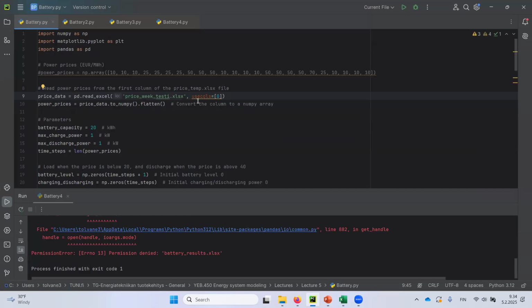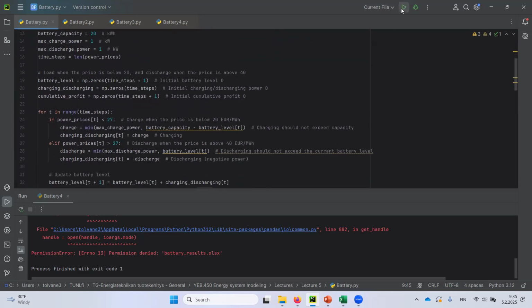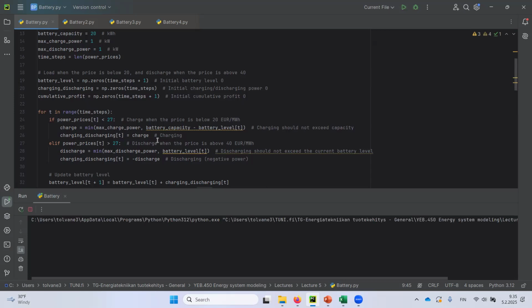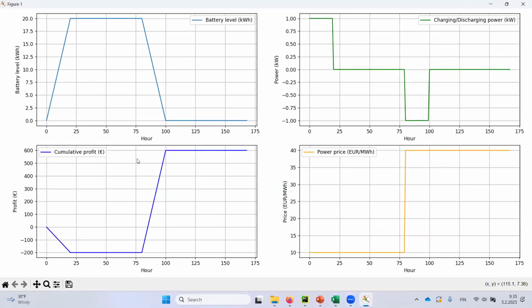So if I put the threshold in here, the threshold is going to be 27 for both charge and discharge. Let's see if it works. Yeah, that's for 1 week. As you can see, I made a test case. My electricity price in here is 10, and in here it's going to be 40.